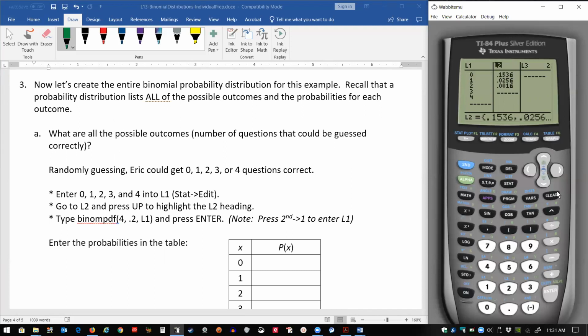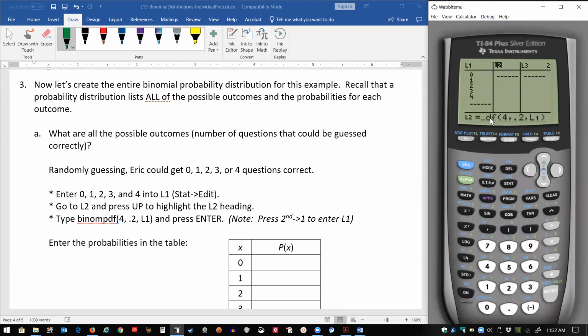Okay. Well, now we may as well calculate the probability for each of those. So hit your up arrow. Let's put in our binomial PDF option into the heading again, right there, option A. And we're going to leave in the X value spot, list 1.